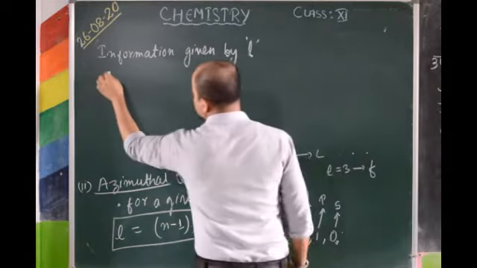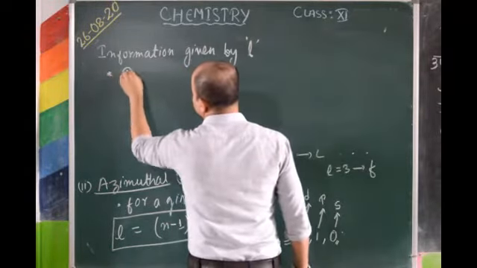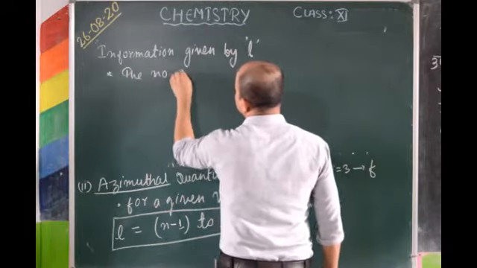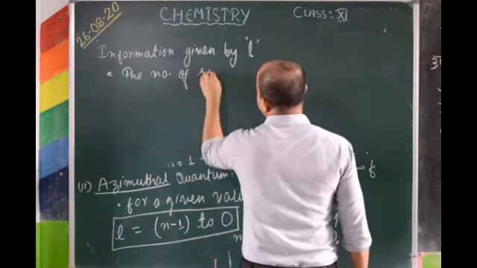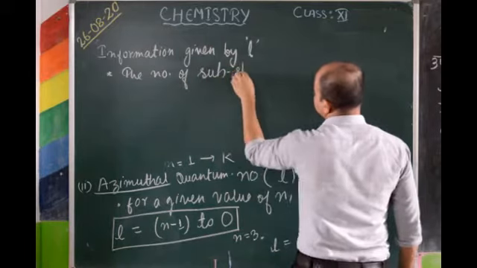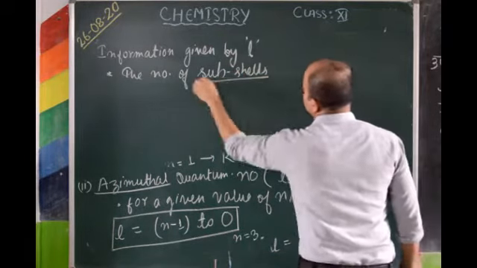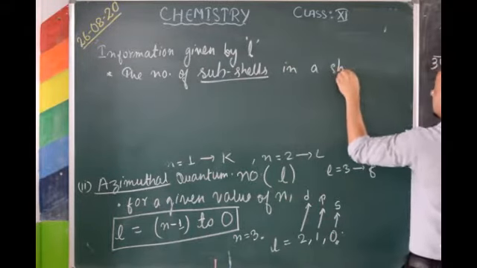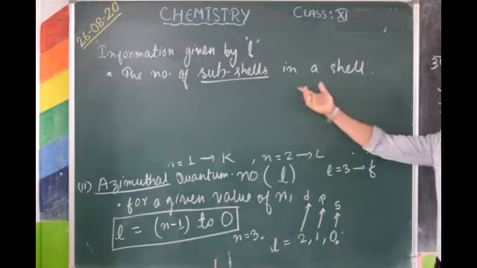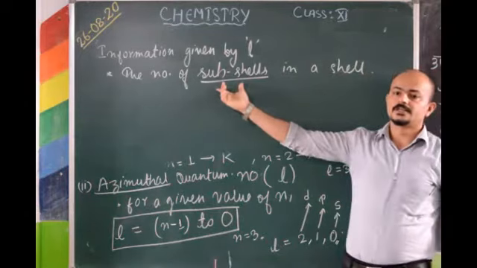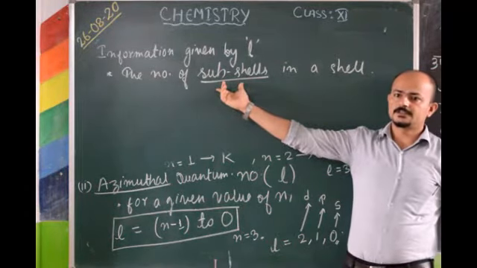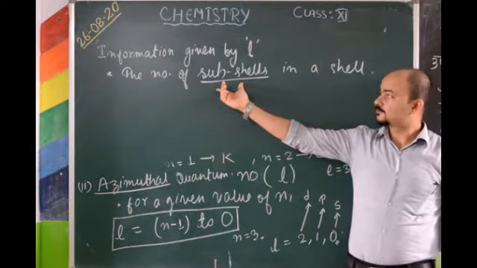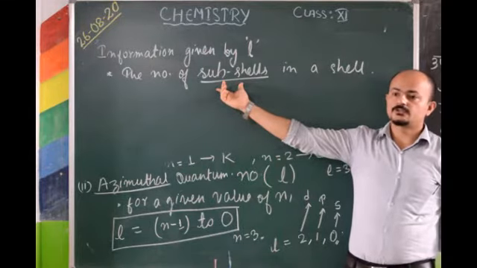It gives you the number of subshells in a shell. Okay, so this gives you the number of subshells. Now to find the subshells, what do you have to know? You have to know the value of L.